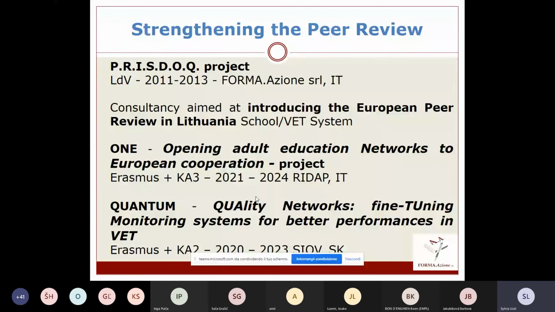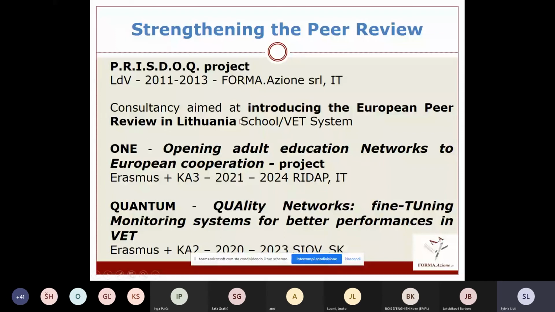It was about a project that for the first time experimented with transnational peer reviews in vocational education and training, also involving as partner one organization working with ISO, those who issue the certification, to compare the different methodologies.